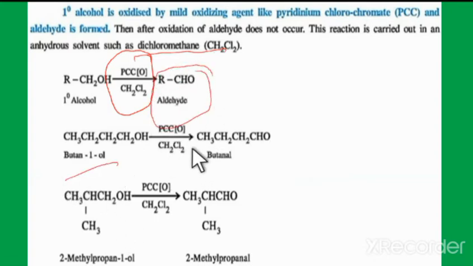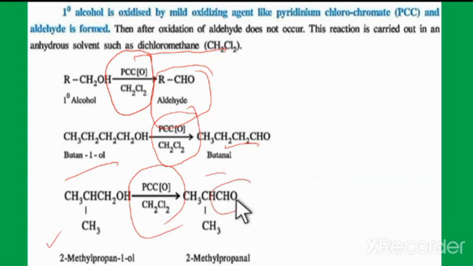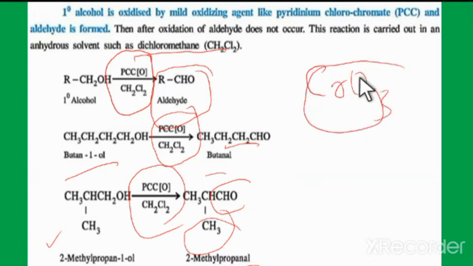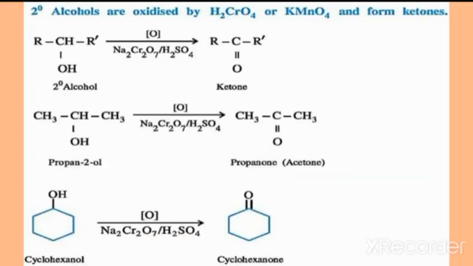Butan-1-ol treated with PCC in dichloromethane gives butanal. Similarly, 2-methylpropan-1-ol undergoes oxidation with PCC in dichloromethane to give 2-methylpropanal. In addition to PCC, we can also take CrO3, and in that case also we get the same kind of products.